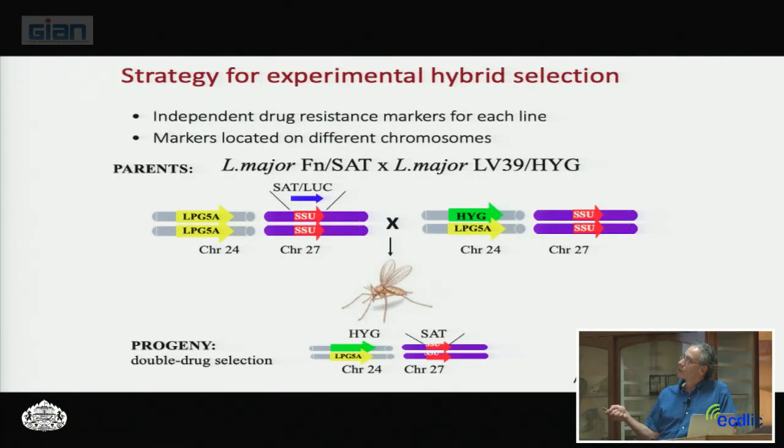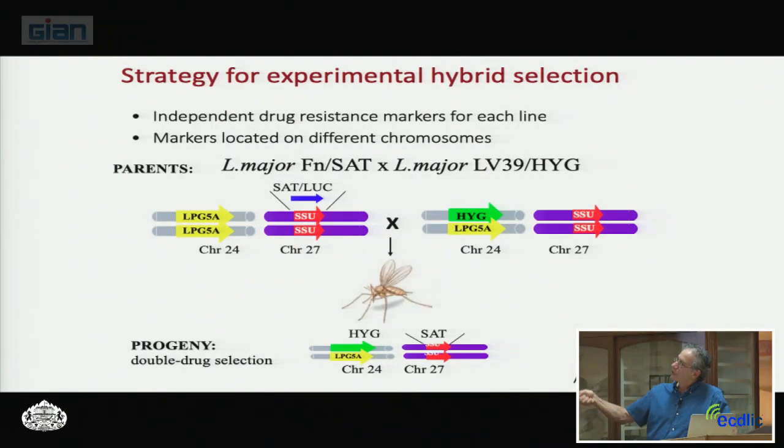We introduced two different drug resistance markers, one to the antibiotic SAT, into the SSU locus on chromosome 27, and in the other strain, a replacement construct of LPG by a synthetic gene on chromosome 24, knocking out the LPG gene, and now there was expression of a hygromycin resistance marker.